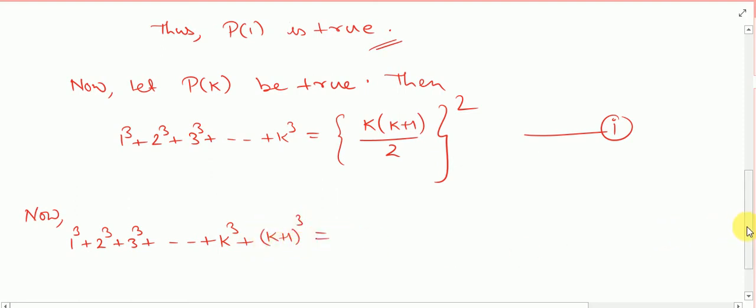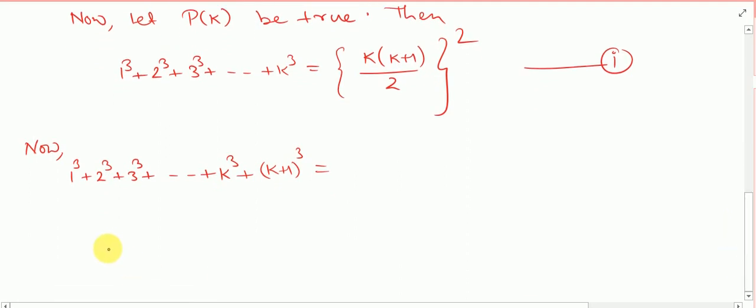Okay, so you have to write this, and at the end you should be able to get, using this same pattern, like here you see what we had in the statement: 1 cube plus 2 cube plus 3 cube plus dot dot dash plus n cube.